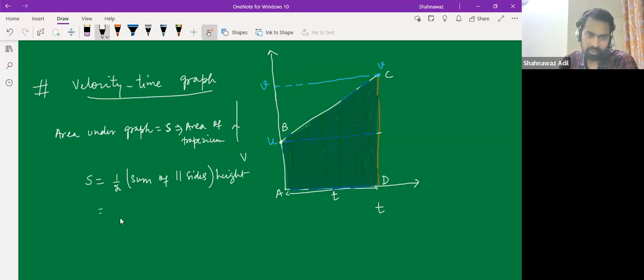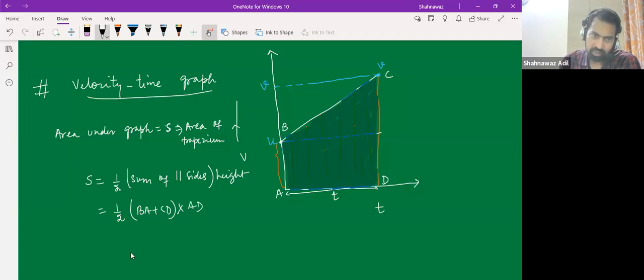So half of, and what are the parallel sides? This is how much from A to B. This distance is how much? BA plus CD. Okay, so let me write it. BA plus CD into this is CD.